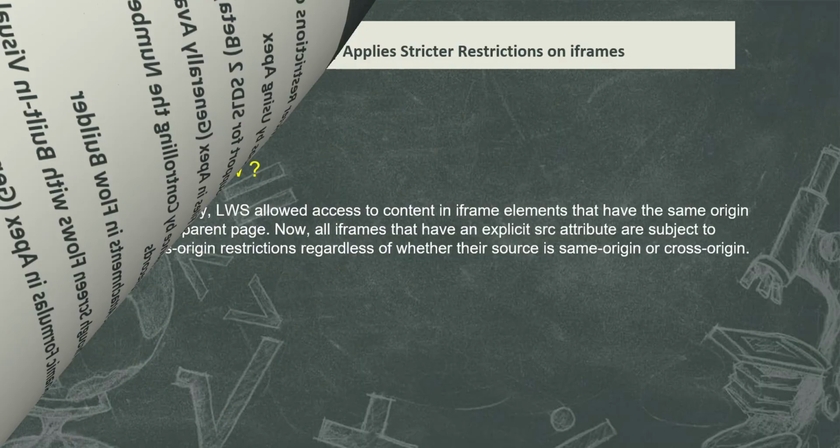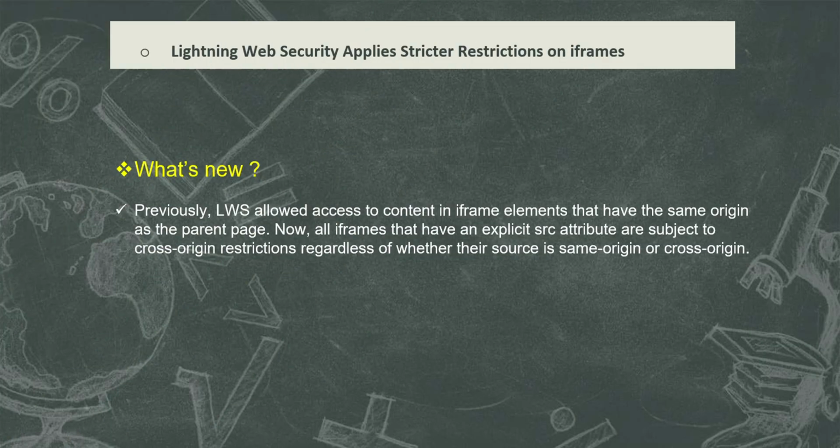So first we will discuss that Lightning Web Security applies stricter restrictions on iframes. What's new in this? Previously LWS allowed access to content in iframe elements that have the same origin as the parent page.